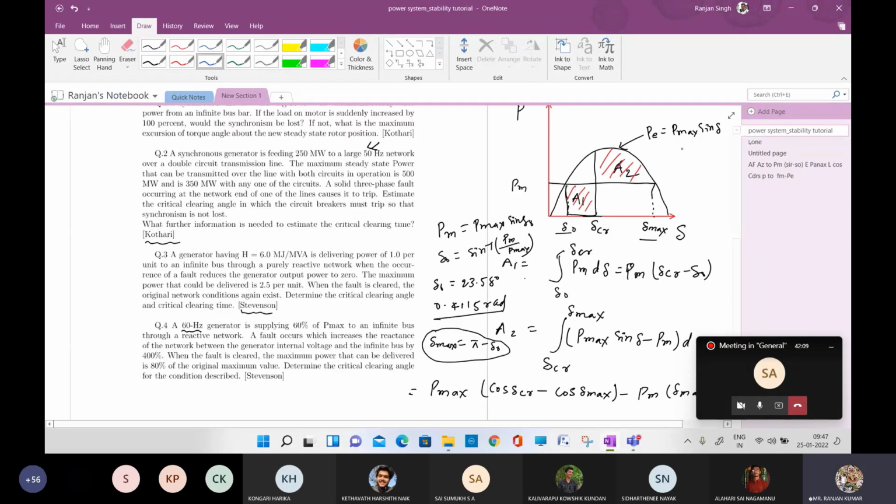Reading the question, in the start it is supplying 60% of P maximum. A fault occurs which increases the reactance. If reactance increases, then power will decrease.